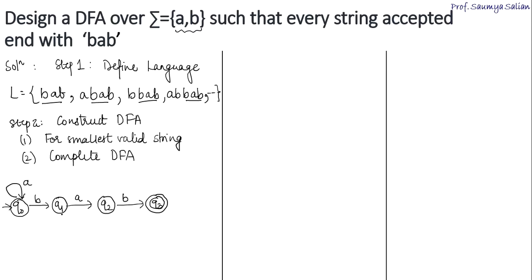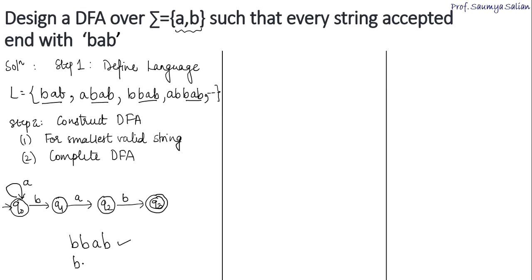Coming to Q1. To reach Q1 from the initial state, I have the input B. Right? Q1 has already responded to input A, so it has to respond to input B. So if I get a B over here, how can I reach final? I can reach final only by getting input A and input B, right? It is a valid string.